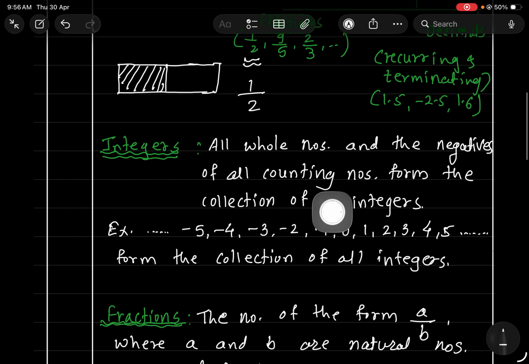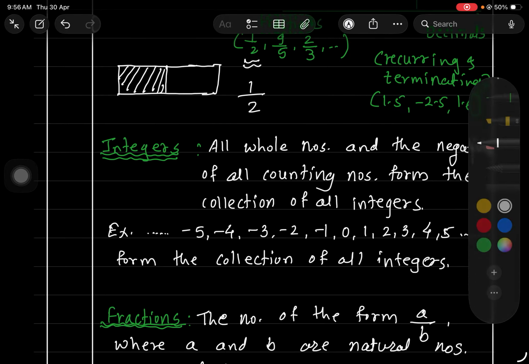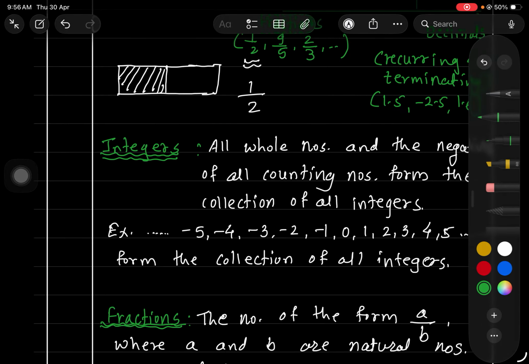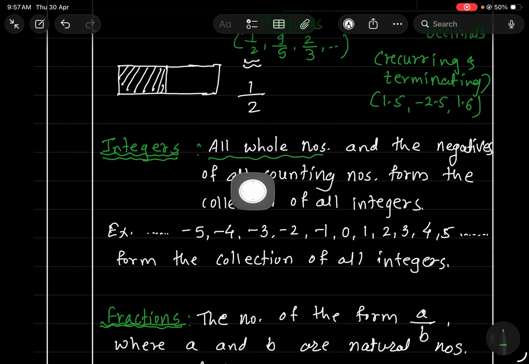Now we'll see integers again in detail, with definitions. Whatever is written, I already explained. All whole numbers and the negatives of whole numbers. Whole numbers means what? Again see here. In the definition it is written like this: all whole numbers and negatives.